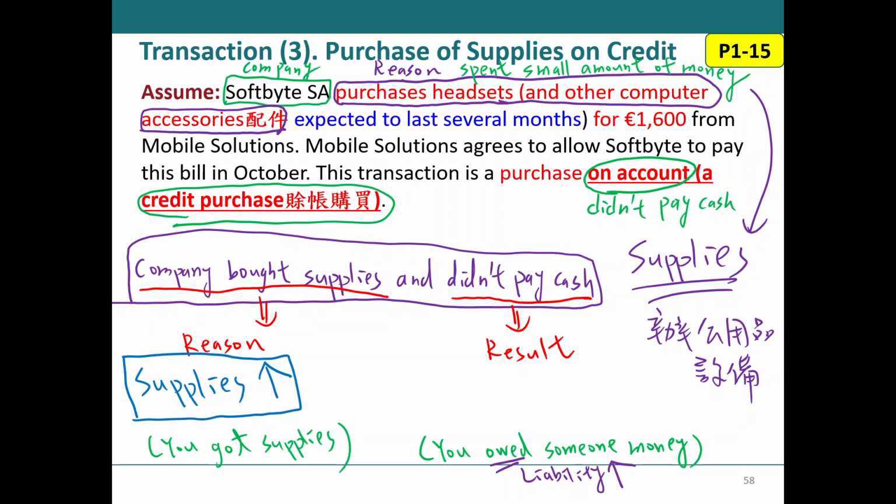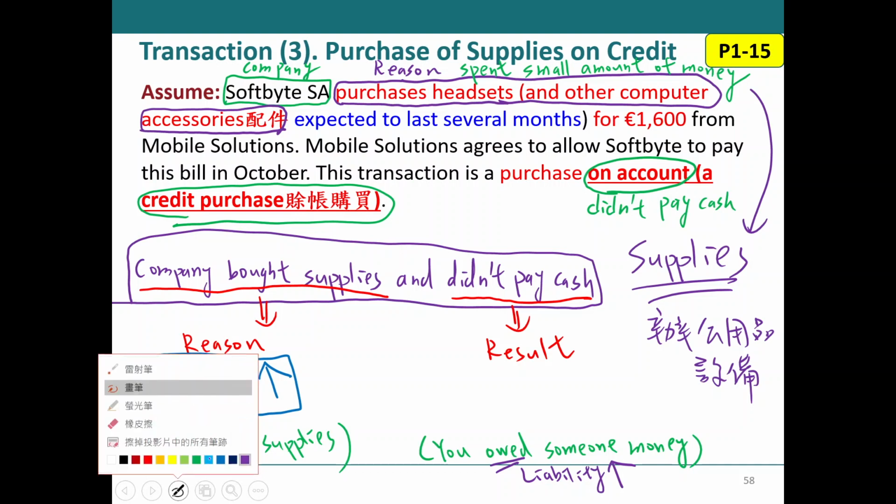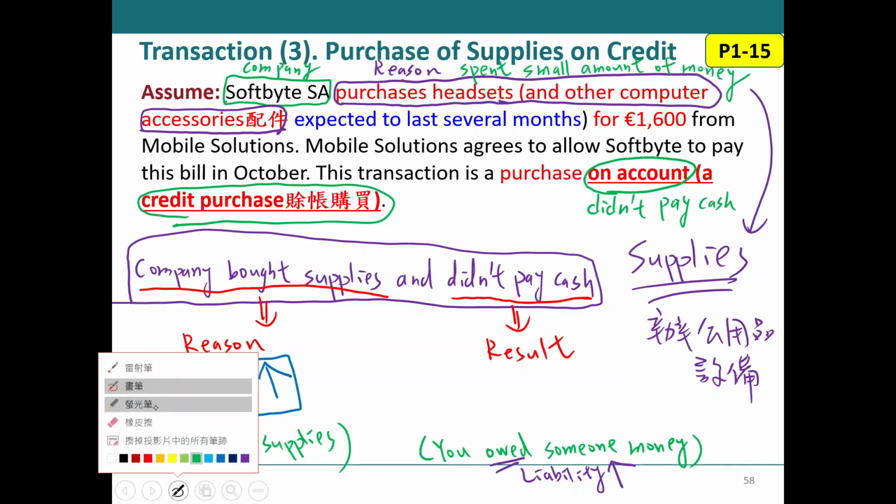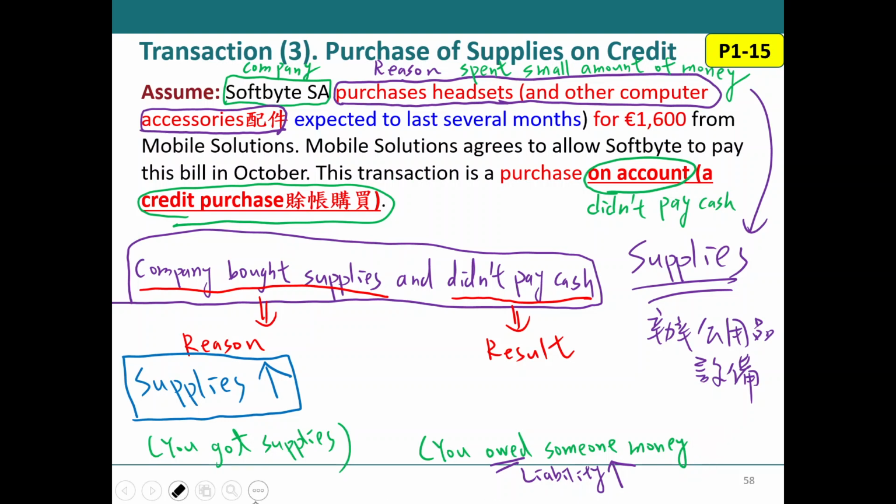Which accounting name do we use? You owe someone money and give them an oral promise. Okay? Which accounting name do we use?